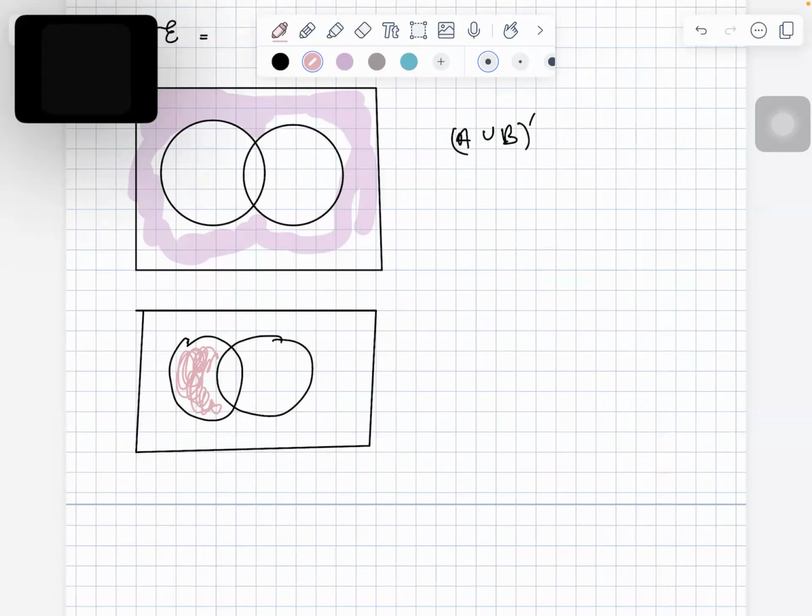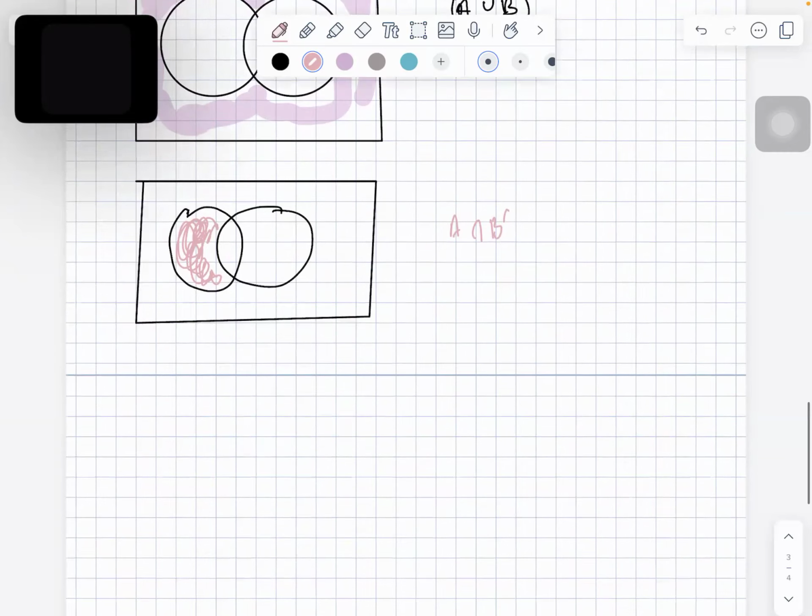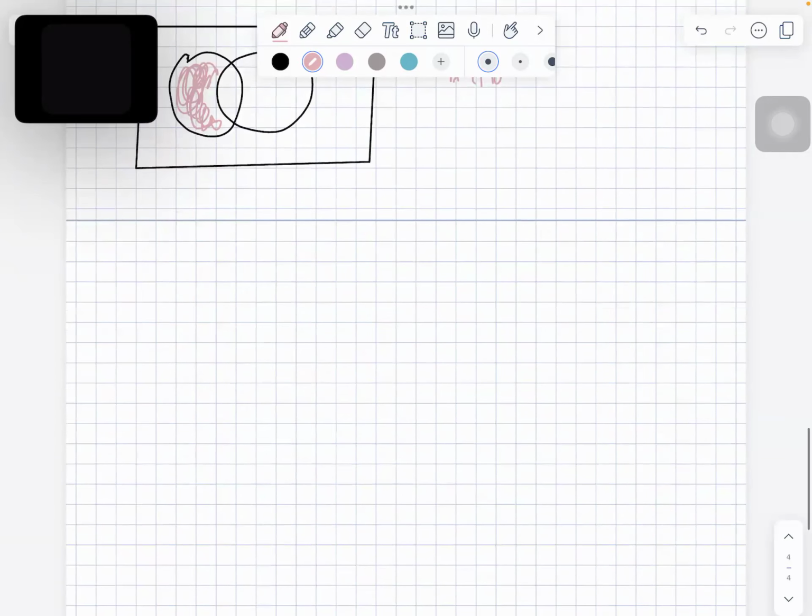Oh, A intersection B complement, I think. Yeah, A intersection B complement. Yeah, that's correct. Okay. Let's do another one. Then we move to the three.